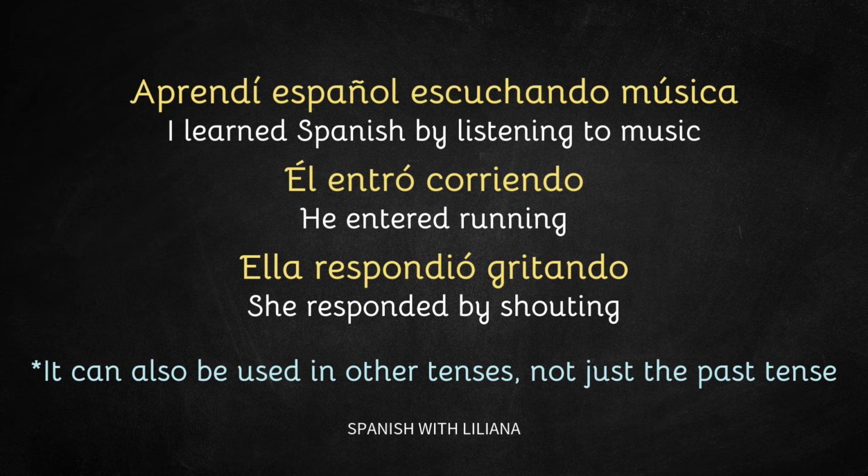Generally speaking, when you use a verb in its past tense, you can't use another verb in the past, right? So when you say aprendí español, escuchó música, we can't say escuchó. We have to use escuchando. We have to use another form of the verb. Very similar to English, we can't say I learned Spanish by listened to music. We have to use another form.